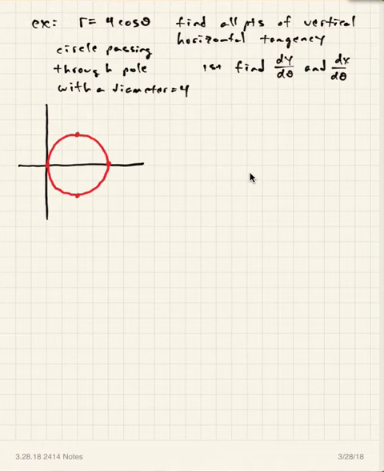All right, so we know that x is equal to r cosine theta, and so that means that x is equal to r, which is 4 cosine theta, times cosine theta. So x is equal to 4 cosine squared theta.